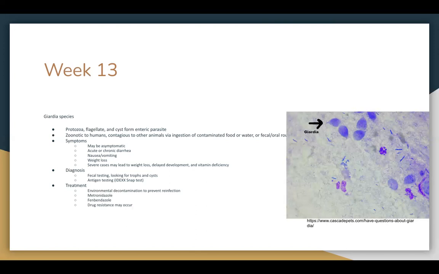Diagnosis is usually done with fecal testing, so on a float and a direct fecal test looking for the cysts or the trophozoites. And there is also an antigen test that you can send off to a lab as well. And then treatment: medications used regularly are metronidazole and fenbendazole. And then environmental decontamination is essential to prevent reinfection.